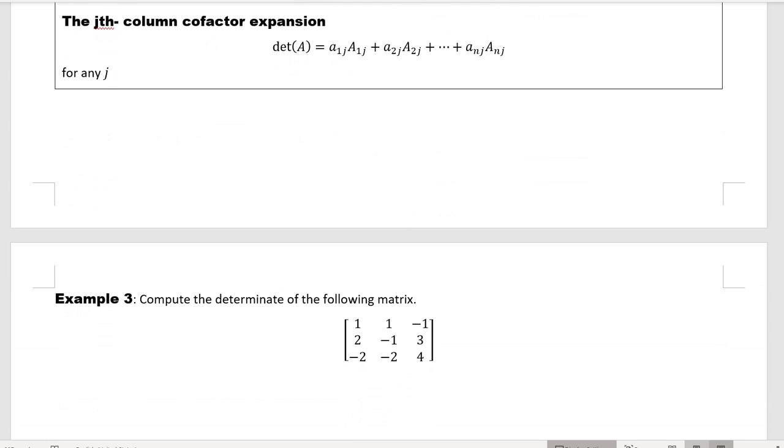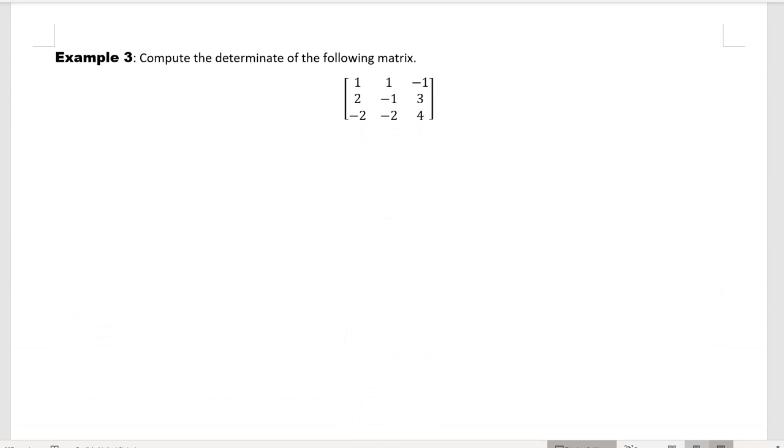Okay. So now let's look at this matrix. We have 6 different ways to compute, right? I'm going to do 2 different ways, okay? But you can do all 6, and you can see the final answers, the determinants you get in the 6 different ways will be the same.